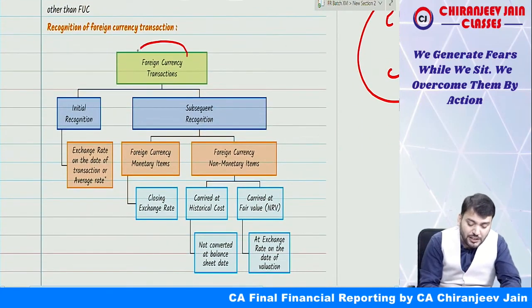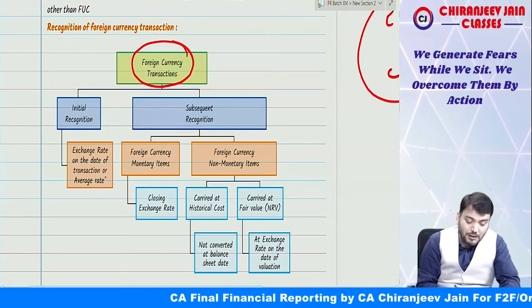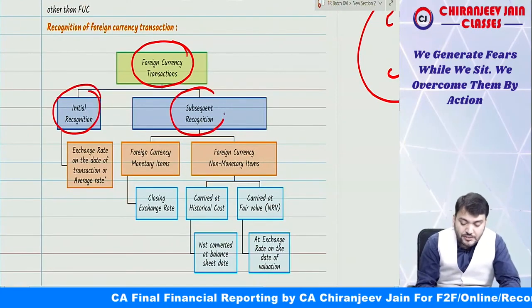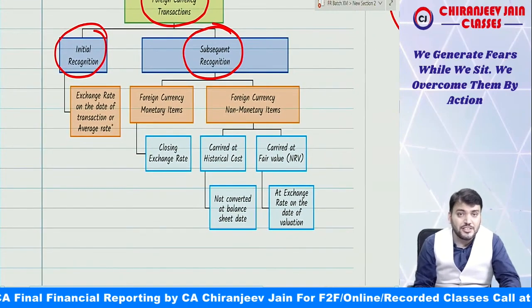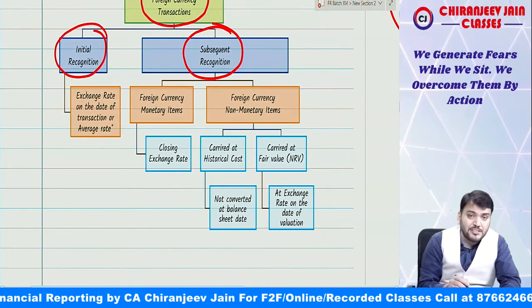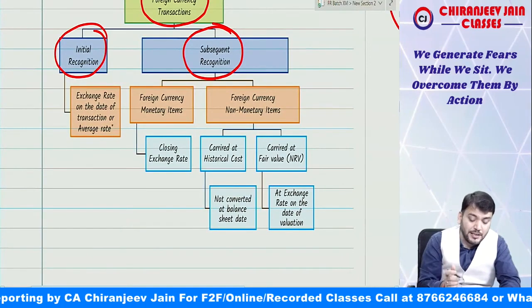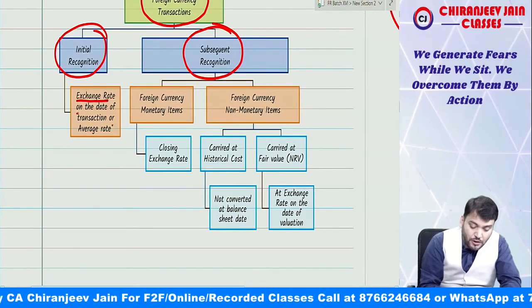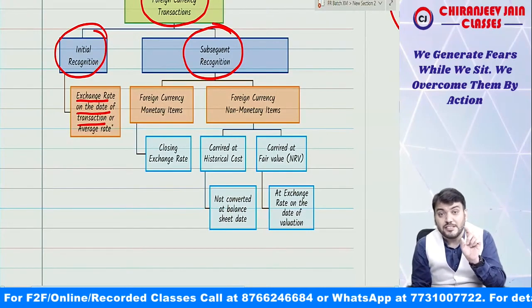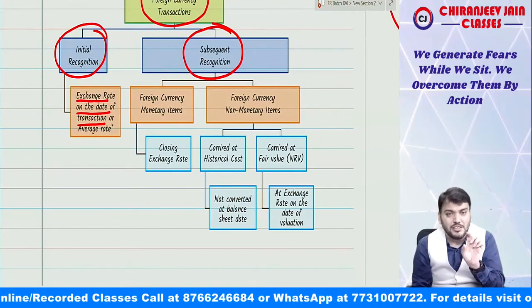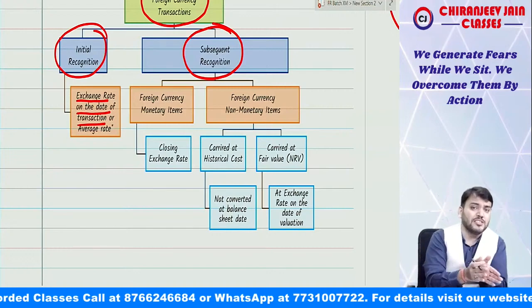For a foreign currency transaction, we need to understand the initial recognition and subsequent recognition. Ind AS 21 says a foreign currency transaction will be initially recorded at the exchange rate on the date of transaction. Recording will be done in functional currency.